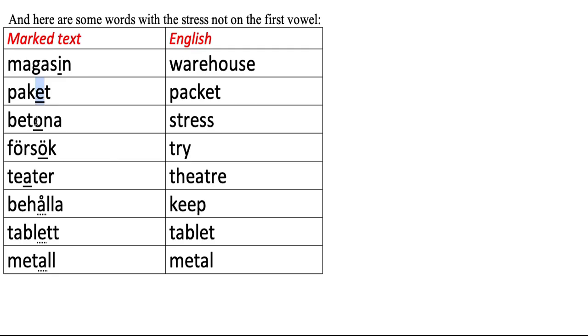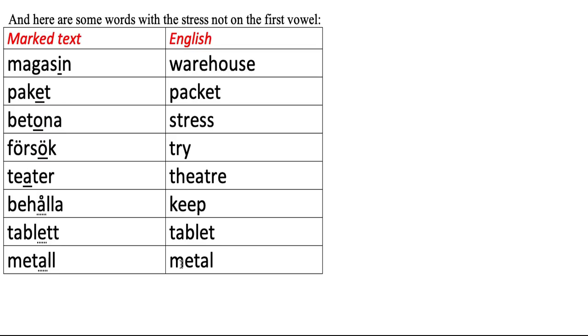Betuna means stress. For shock. To cry. Stress is here, we need to prolong it. Theater, theater. The next three here are short vowels, and they are stressed here. Bihola, tablet, metal means metal.